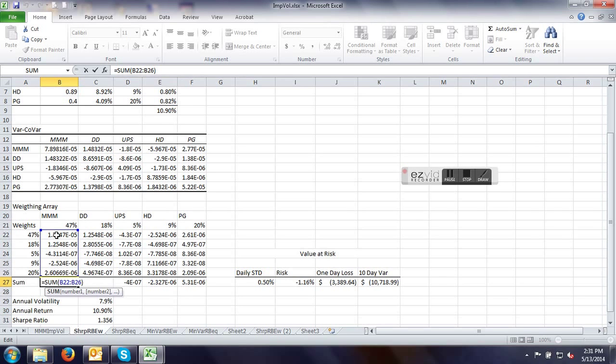So we see here that 3M has a positive volatility to it, as it should, but it's also negatively correlated with two of the other stocks in the portfolio, meaning that these two stocks, which are UPS and Home Depot, are reducing the risk that's coming from 3M. So another thing that you want to look at is what is the sum of this column on an annualized basis or a daily basis relative to when I first started the portfolio.